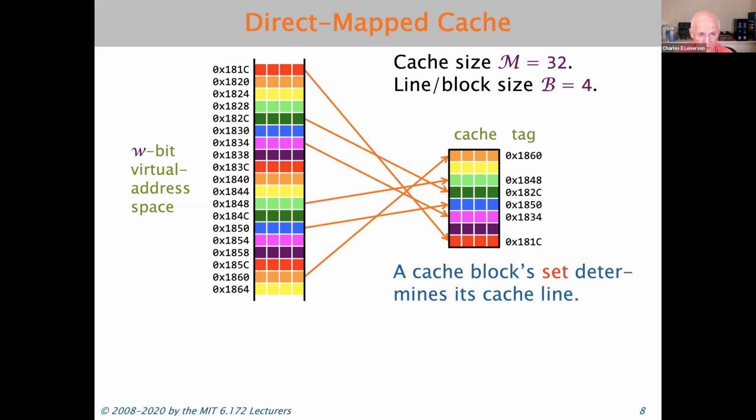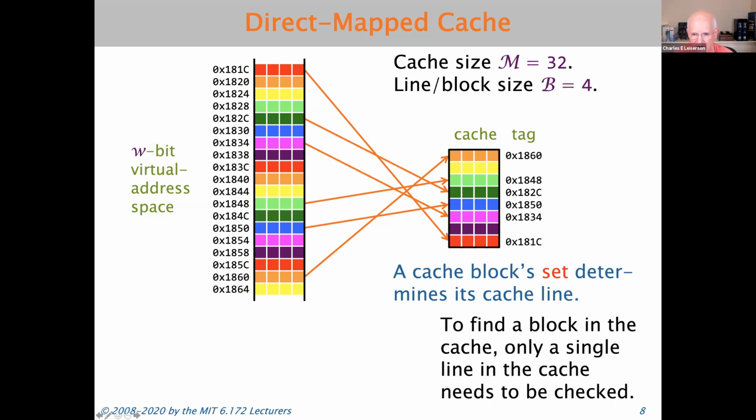You never have an orange block being mapped to a red cache line. Every memory location has a specific place in the cache, and that makes it easy to find whether a particular block is in the cache. The hardware needs to check only the one cache line where it possibly could be, and check its tag. So it's much cheaper, more scalable hardware.